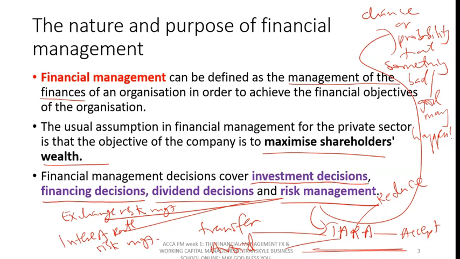Those are the things as finance managers we are expected to be responsible for. So this is actually the backbone of our course so far. We are expected to excel in investment decision making, financing decision making, dividend decision making, and risk management. So the whole syllabus is centered on these four decisions.